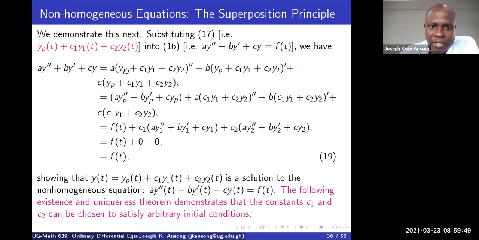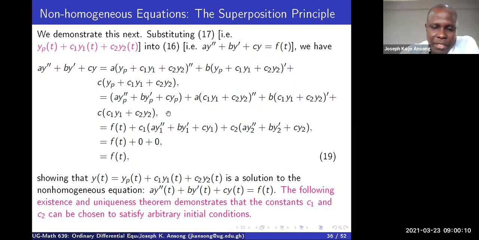So take the second derivative of all of this, the first derivative of this, and add it to this. I can pull out the yp terms, and that gives me this first expression here. And then a times the second part, b times the second part, plus c times all these second terms. That is what this is saying.